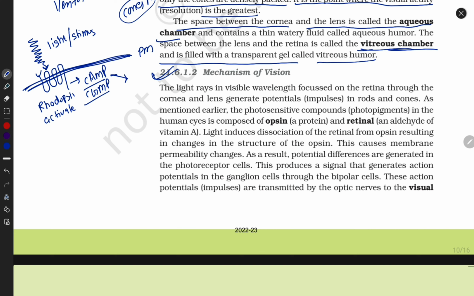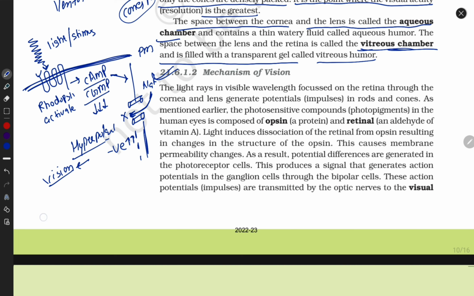This secondary messenger is low in number, so it can't open the channels. So outside sodium can't enter inside. So the negative charge inside increases because no positive charge enters. So the cell becomes hyperpolarized. Then we can see vision.